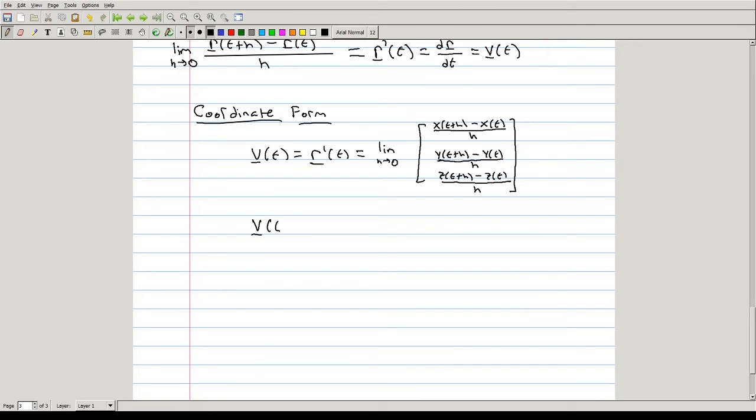So the coordinate form for the velocity just reduces to the individual normal derivative of each of the components.